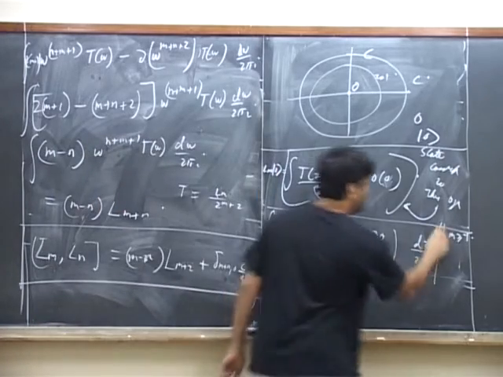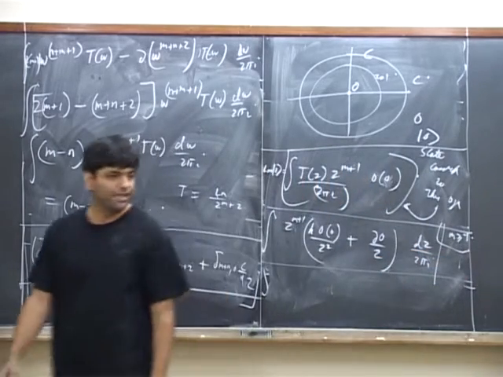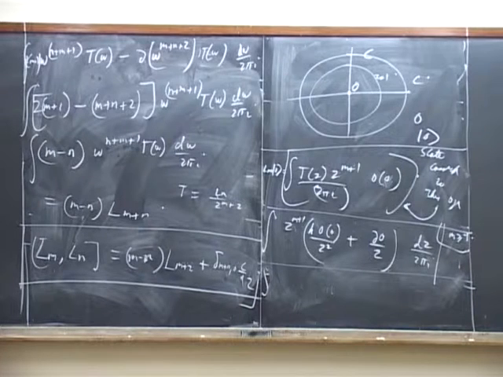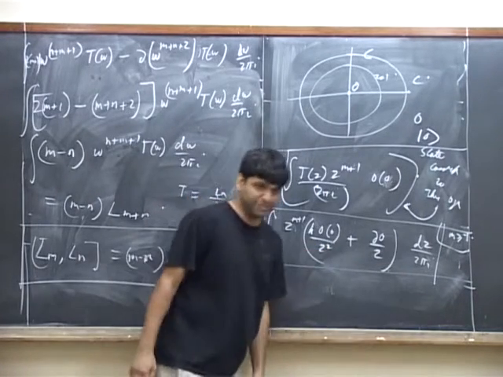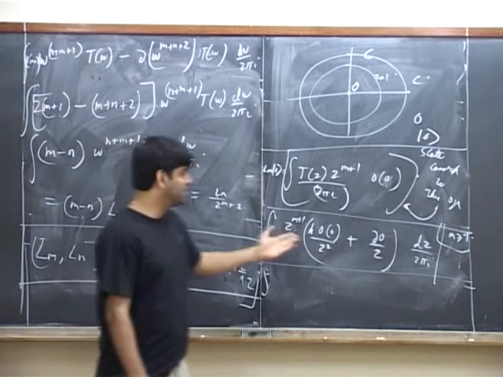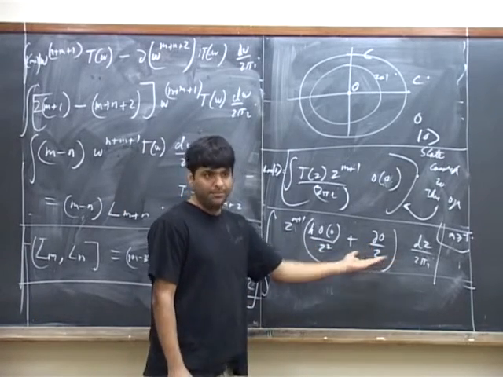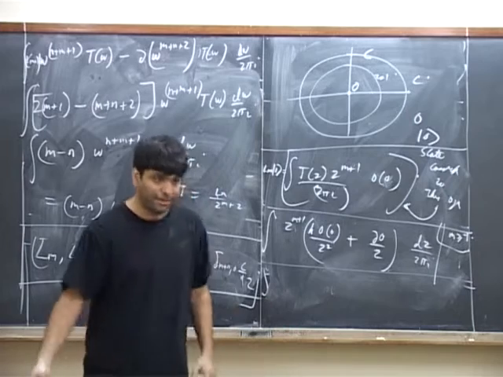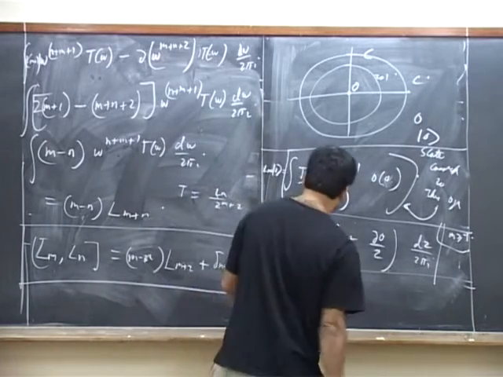But I'm going to do my calculation only for n greater than or equal to minus 1. This calculation will only receive contributions from the non-analyticities of the operator product expansion. These non-analyticities are under complete control because this is a primary operator. Okay, so that's what we get.